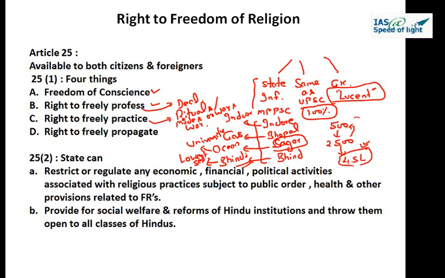So these are the four things this article talks about: freedom of conscience, freedom to profess your religion, freely practice the different rituals in your religion, and freely propagate the ideas of your religion.